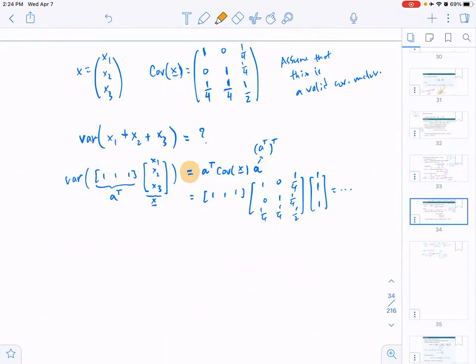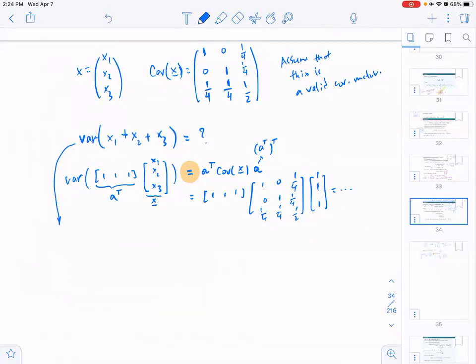Is it because technically x1 plus x2 plus x3 is just one random variable? So the variance of one random variable is the covariance of the random variable with itself, kind of twice.